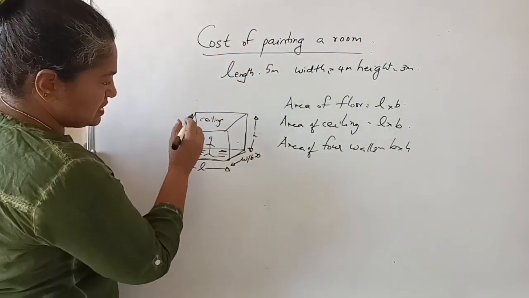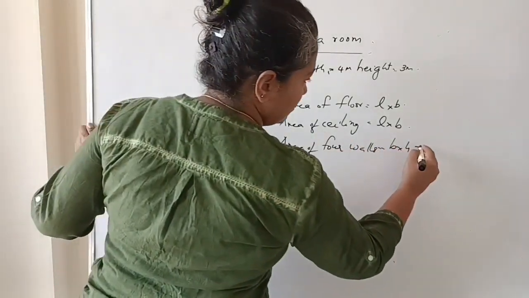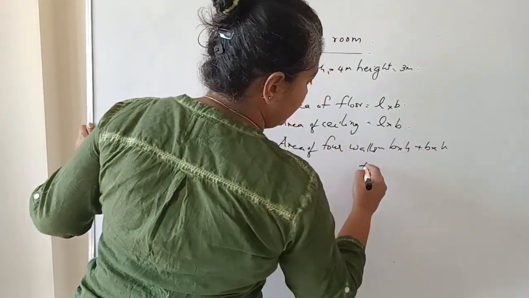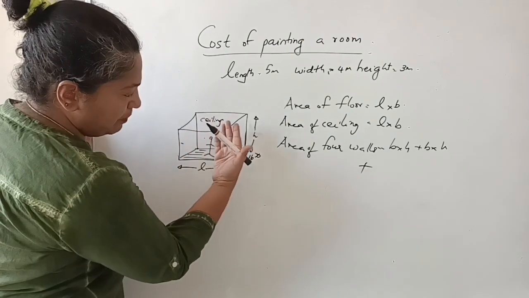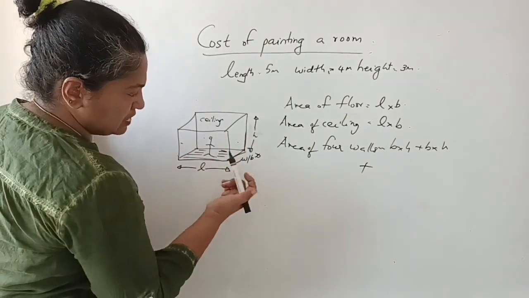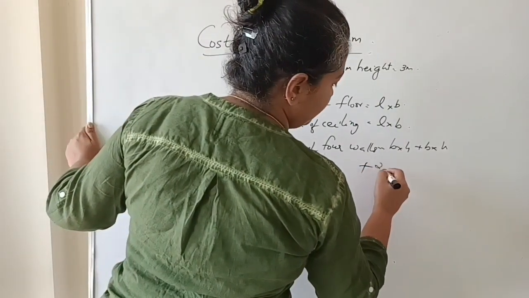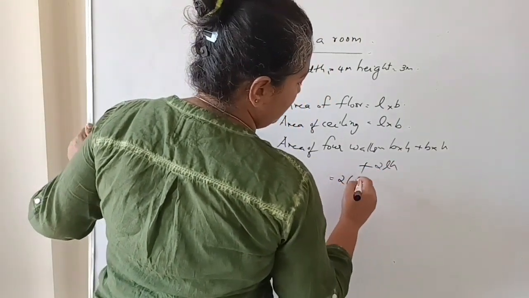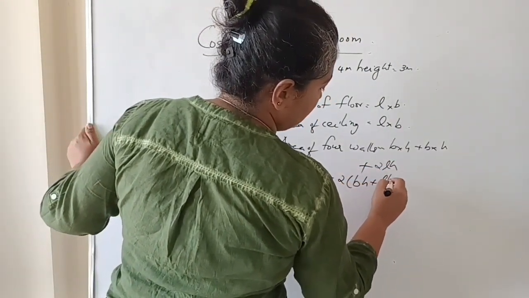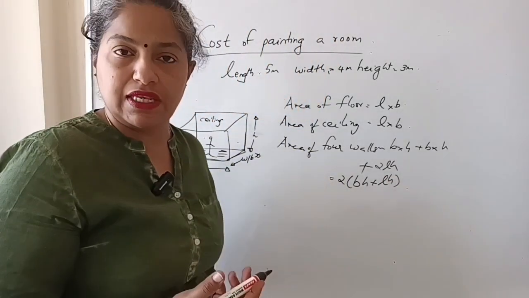The wall on the opposite side, B into H, plus the wall on the back of the person and the one in front of the person, whose areas are given by L into H and L into H. So it is 2 into (BH plus LH), which is our lateral surface area.